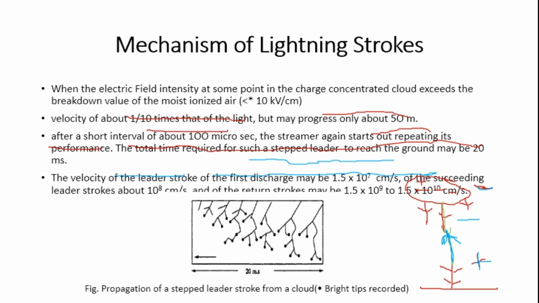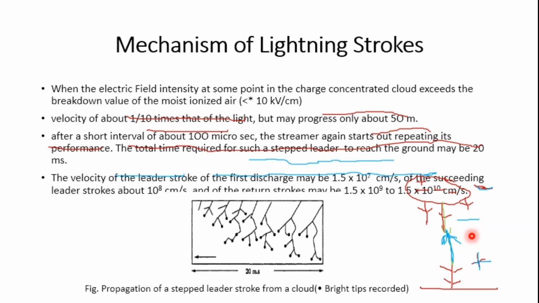So hence there is a neutralization of the cloud which takes place, and a heavy current flows through the path between the leader and the return stroke.